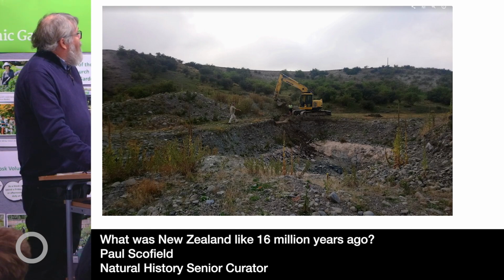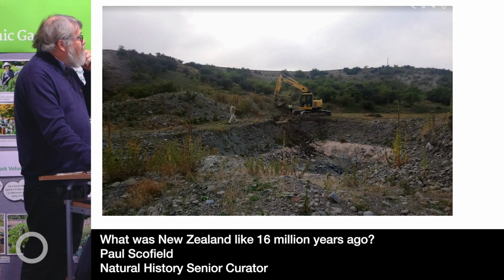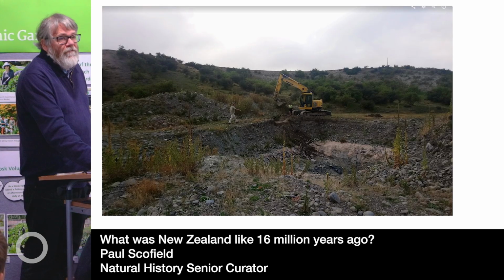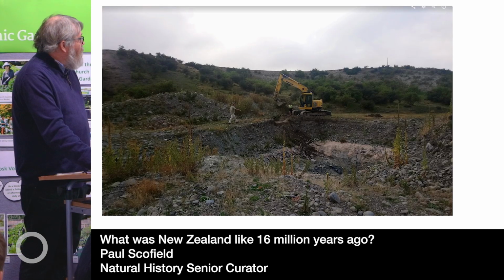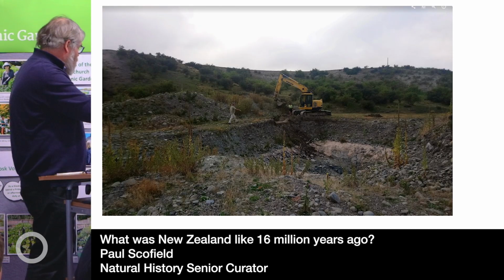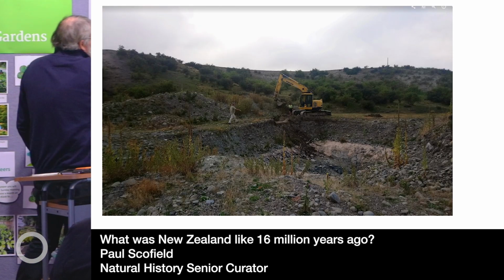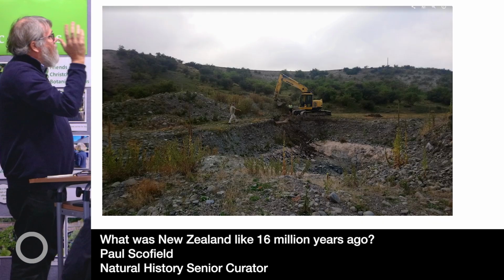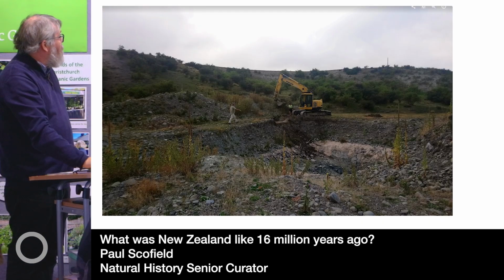And what you can see here is once we have exploited a fossil site that we discover at the river bank, we need to follow that very thin layer back underneath the alluvium. This is the alluvium here, back onto farmland.